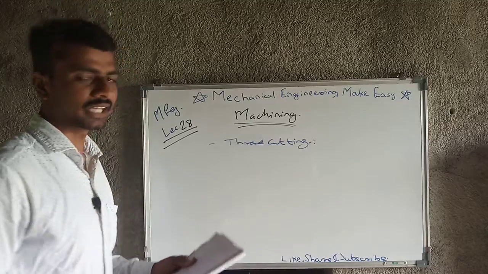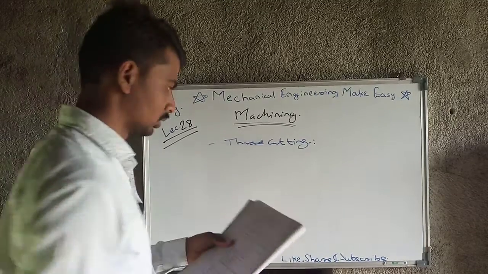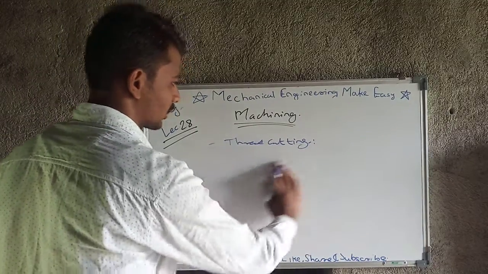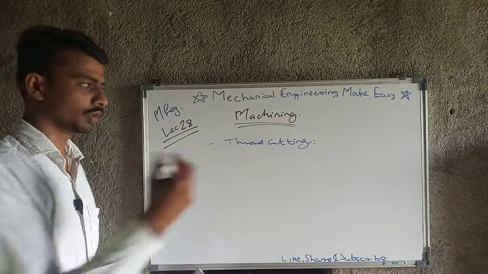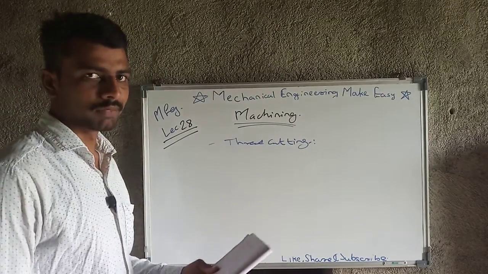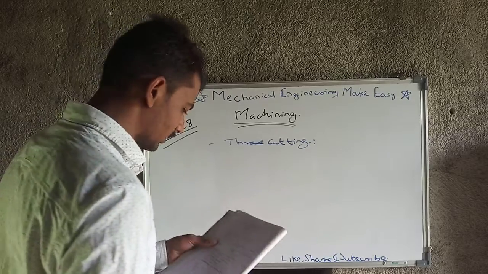Thread cutting is an operation we can perform on a lathe machine, and that is nothing but external thread cutting. Yes, we can go with internal thread cutting also, but I am considering external thread cutting first.